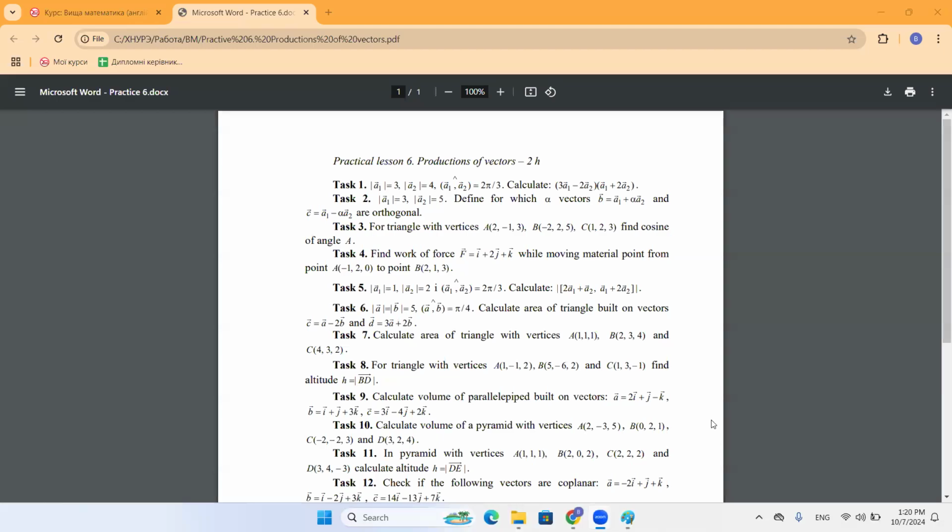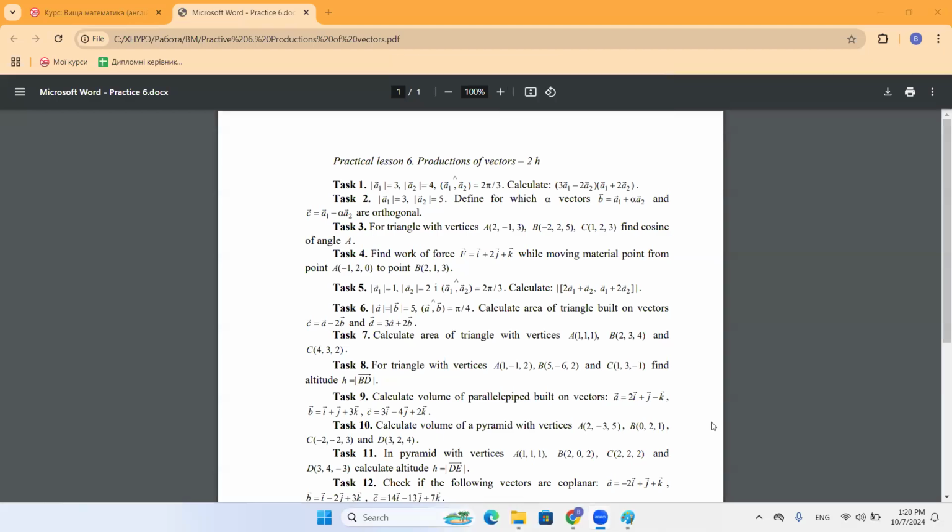Okay, correct. Well, let's start solving tasks, and we will talk about other products of vectors a little bit later. But yes, we will talk about all of them.